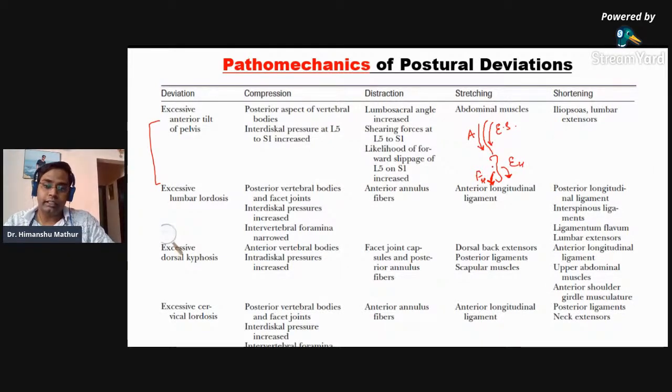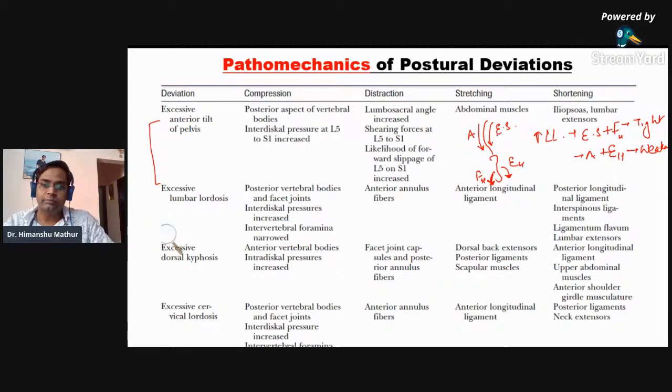Now, in case when there is increased lumbar lordosis, increased LL, right? In that case, erector spinae plus flexors of the hip joint will go into tightness. Okay, and abdominals plus extensors of the hip joint will go into weakness.